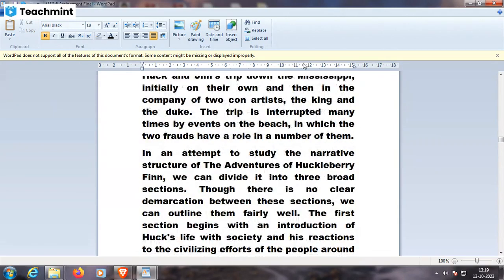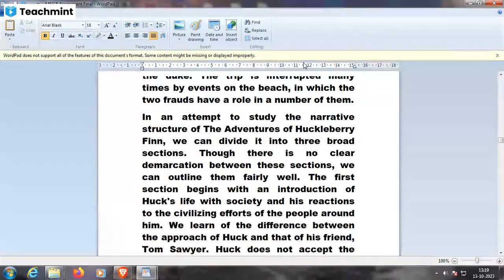In an attempt to study the narrative structure of The Adventures of Huckleberry Finn, we can divide it into three broad sections. Though there is no clear demarcation between these sections, we can outline them fairly well. The first section begins with the introduction of Huck's life with society and his reactions to the civilizing efforts of the people around him.